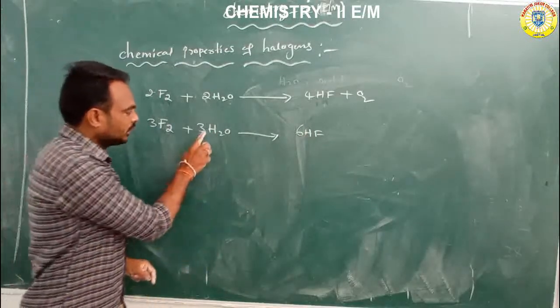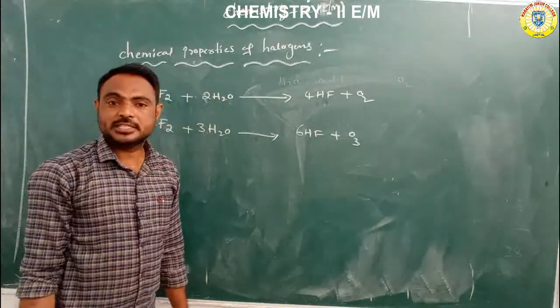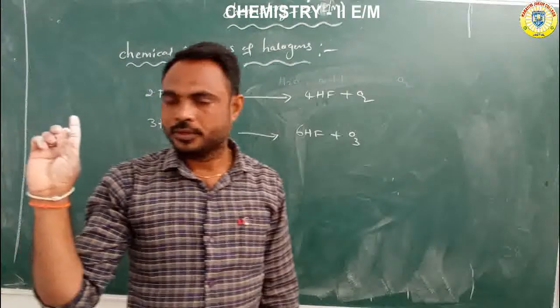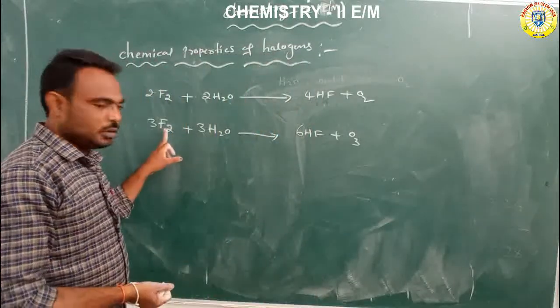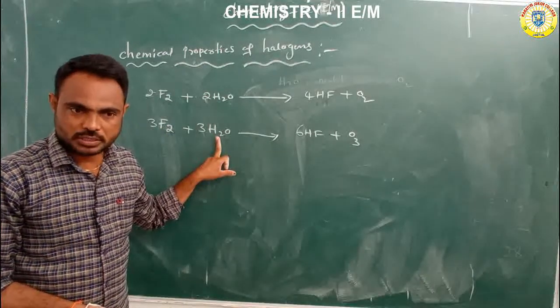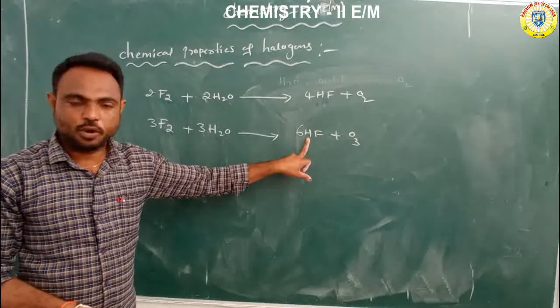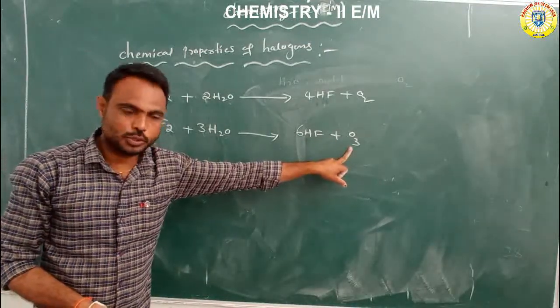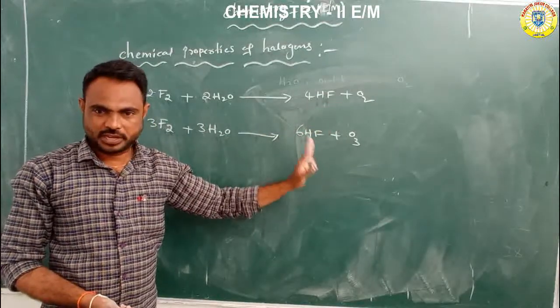Next, 3O plus O3, and O3 means ozone. When fluorine reacts with a high quantity of water, or 3 moles of water molecules, it forms hydrogen fluoride and ozone. So it is a very important reaction.